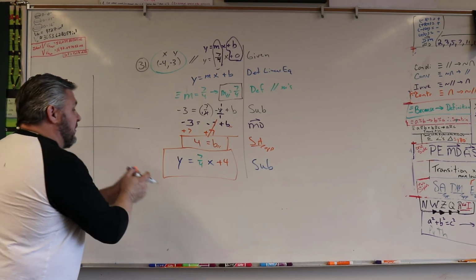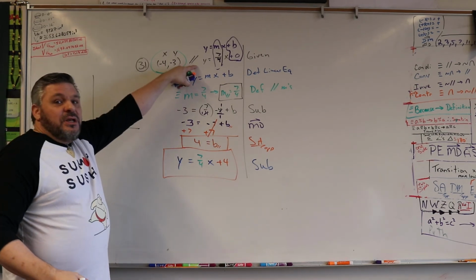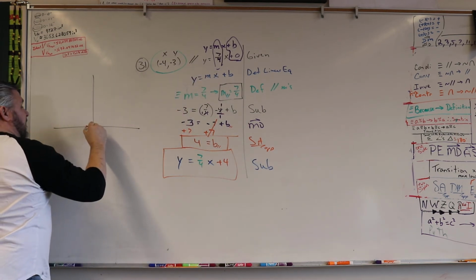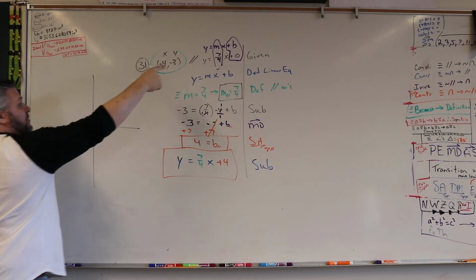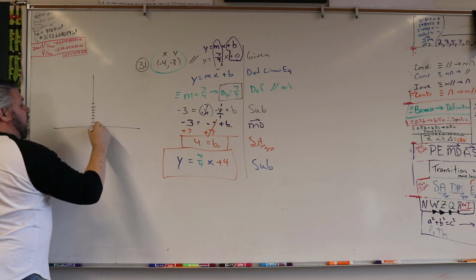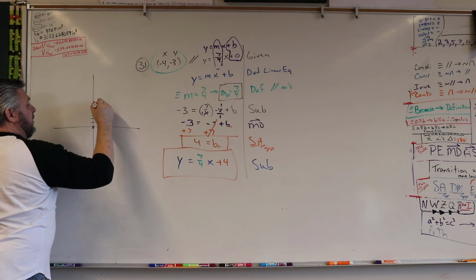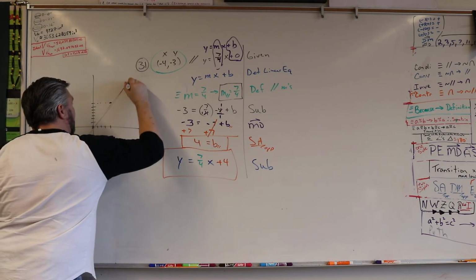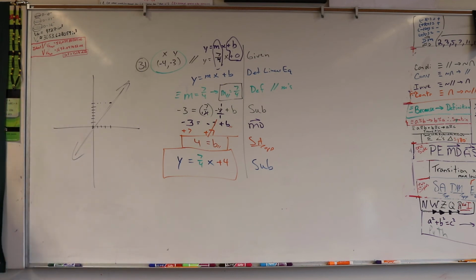Okay? You need to be able to graph both of these. You need to be able to tell me that this graph starts right here at the origin. It goes up 7, so 1, 2, 3, 4, 5, 6, 7, and right 1, 2, 3, 4. And that's the slope, okay, of that first line.